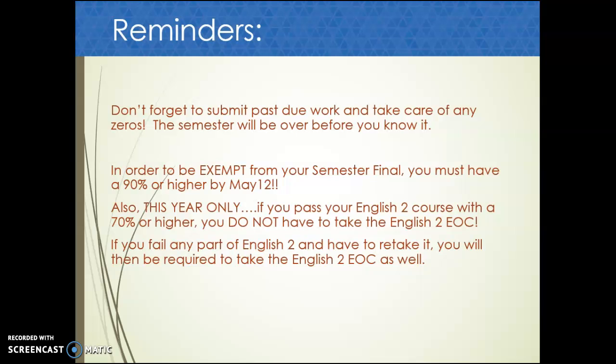You will be able to graduate high school without taking that English 2 EOC. But if you fail any part of English 2, even just one semester, you have to retake that semester, and then you will be required to take the English 2 EOC as well.